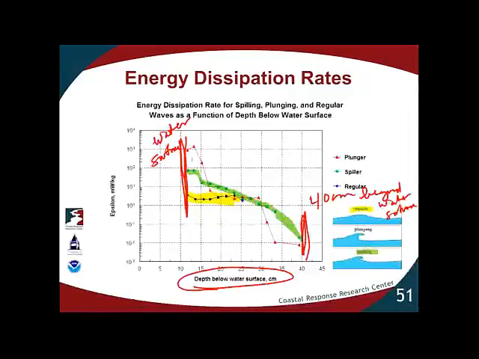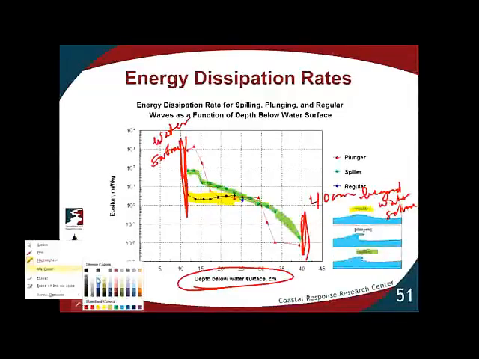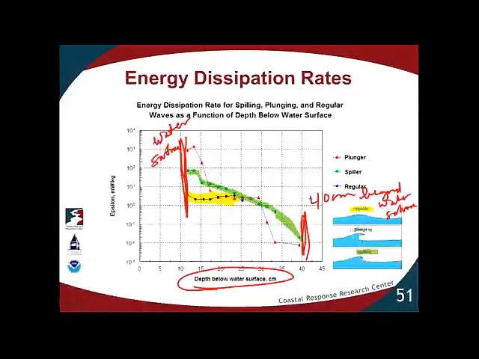All right? The last wave, which is the plunging wave, I'm going to do in blue here, and here's the plunging wave. Look at how much more energy it has. Okay?